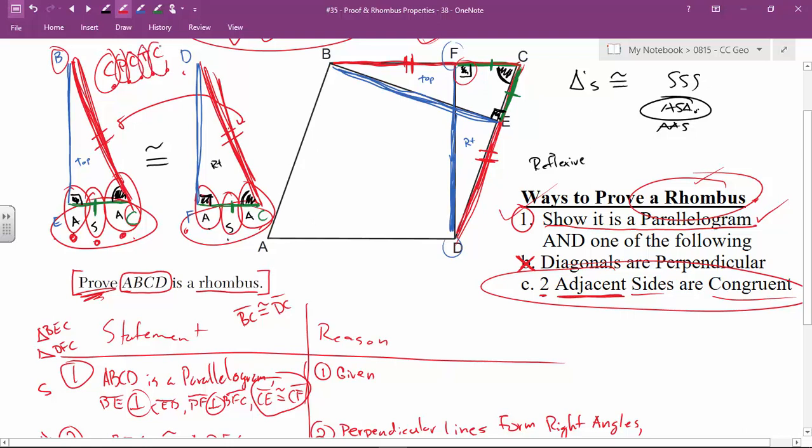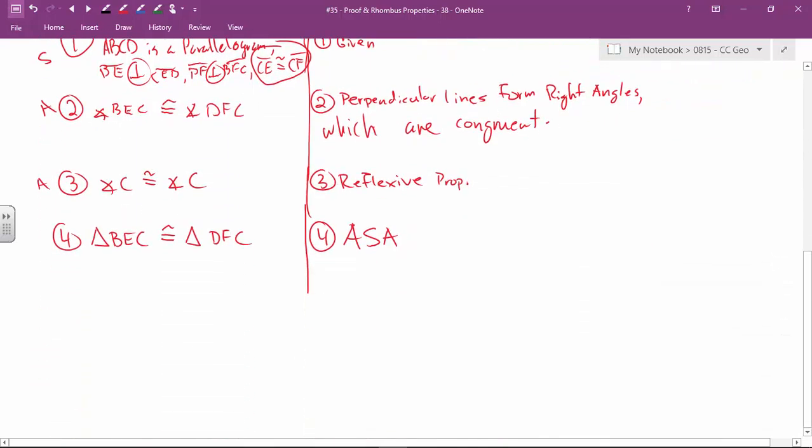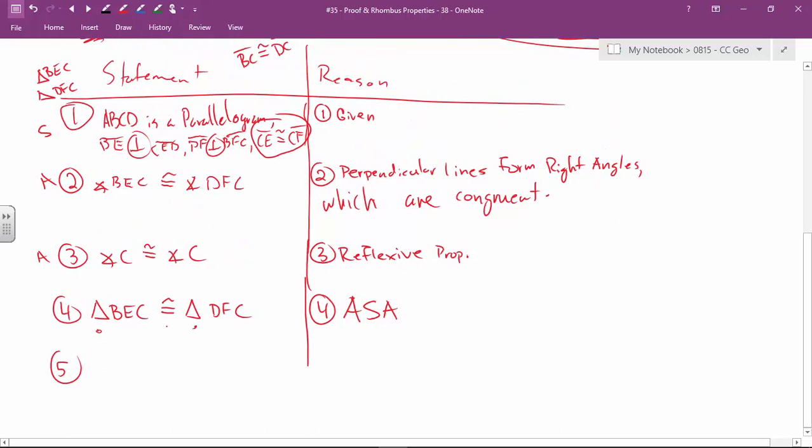And that was the whole point of me saying I've got these triangles that are congruent. It's so that I can say they're corresponding sides, BC and side DC, and those things have to be congruent. My reason for saying that is corresponding parts of congruent triangles are congruent. And you can just say CPCTC.